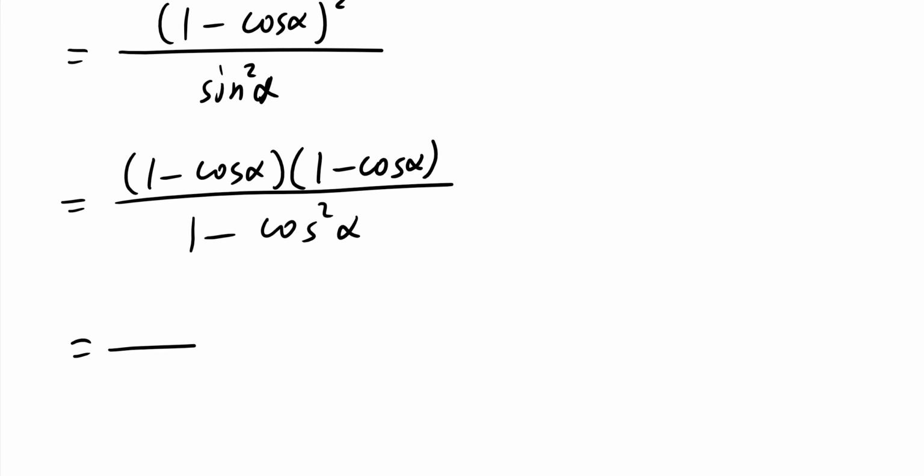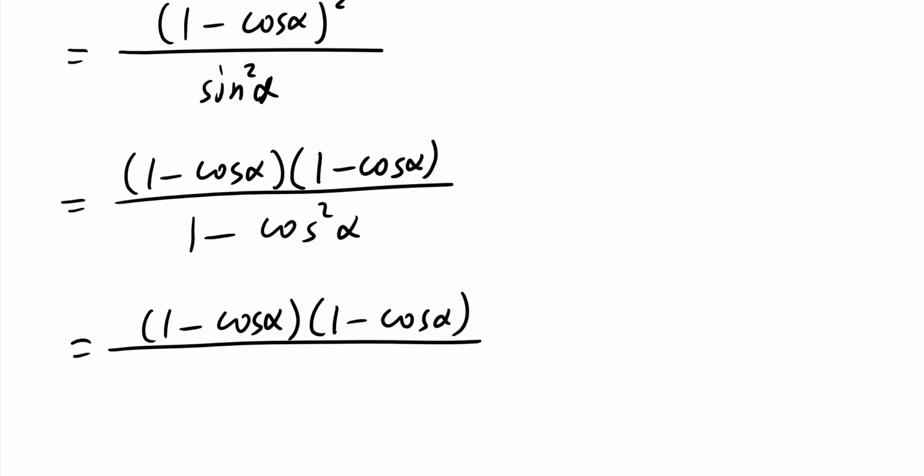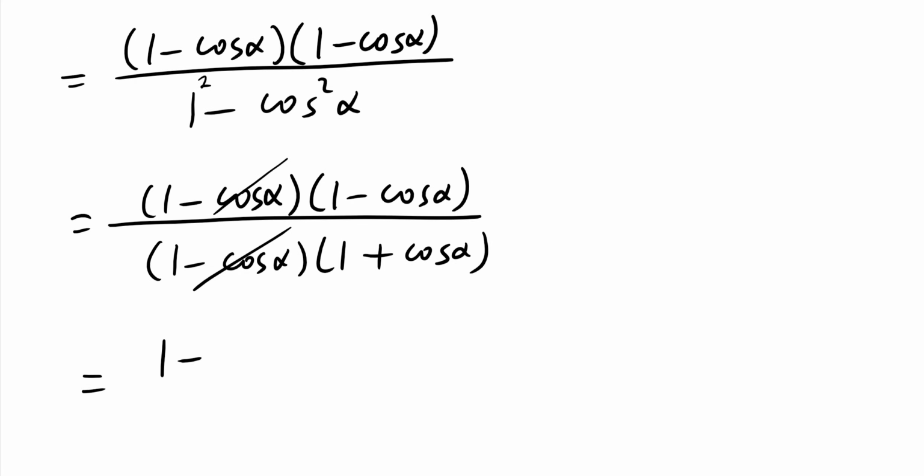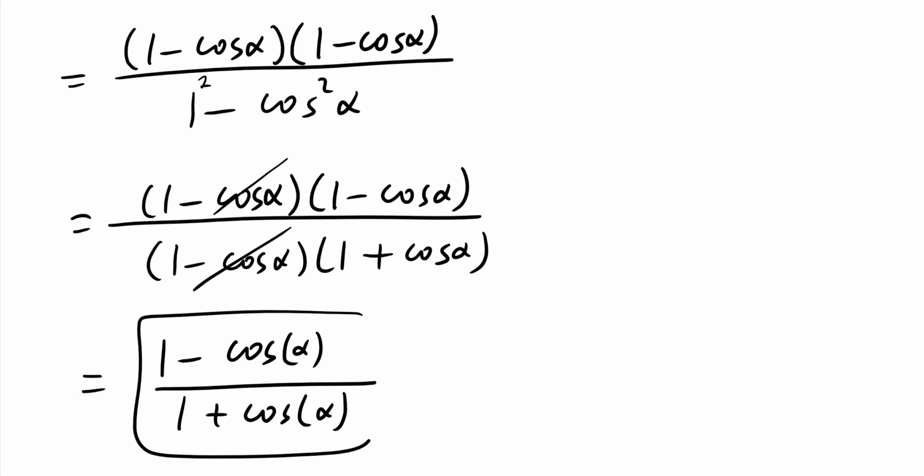Let's keep the top the same because I do need one of the factors to stay there. The denominator looks like a square minus b square. It's a minus b, a plus b. And that allows me to simplify these two. And that gives us 1 minus cosine alpha over 1 plus cosine alpha. That's what we need.